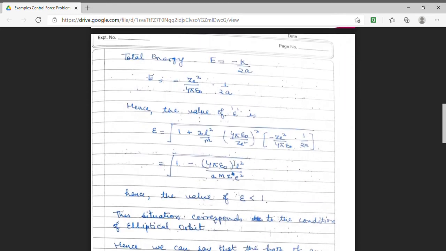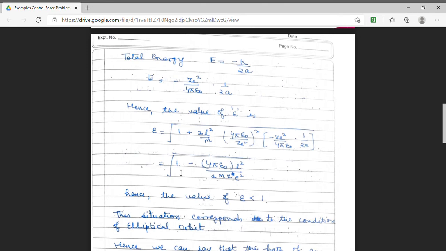Using this value of total energy, my formula for eccentricity can be simplified to the form epsilon equal to under root 1 minus 4 pi epsilon 0 L square divided by a m Z e square.